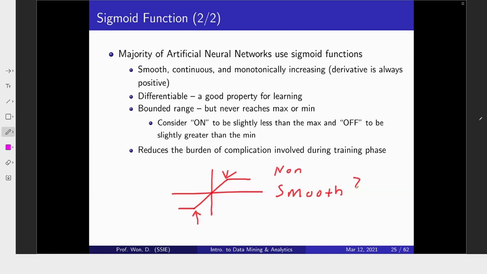Non-smooth, what is the problem? We cannot apply derivative. Then why are we thinking of derivative? We will talk about that a little bit later, but this derivative is going to be used to estimate the best weight of the connectivity in terms of the optimization, right? We are going to minimize or maximize some kind of fitness of our data set.